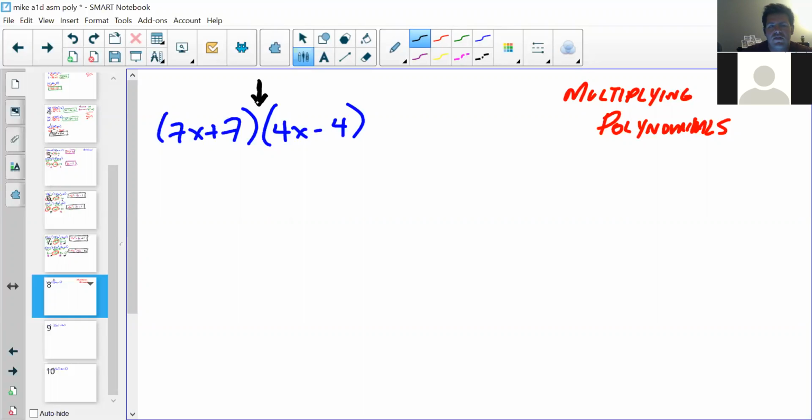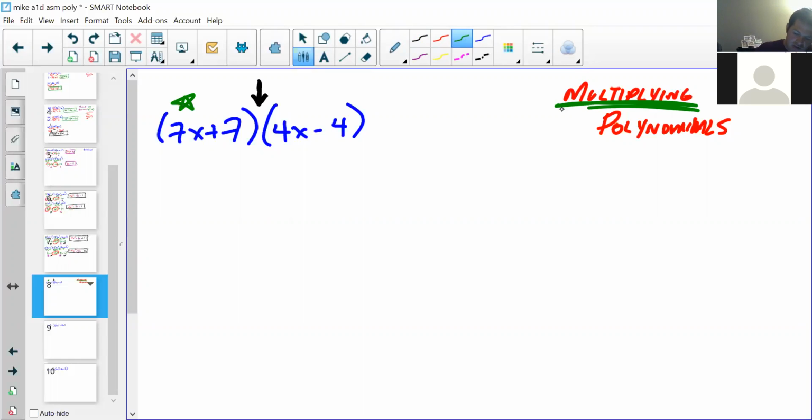And we have done examples where you've had a monomial times a binomial and we just distributed. We're going to do something similar to that. And I'm going to try to color coordinate this as best as possible here. I'm going to take a look at the term 7x over here first, and because we're multiplying the polynomials, I'm going to distribute that to both of the terms in the second parentheses.